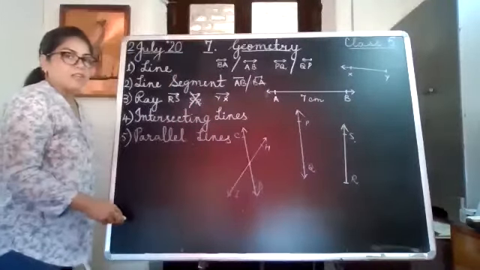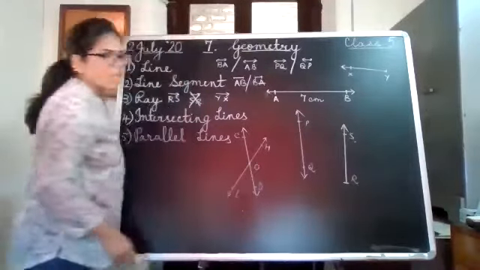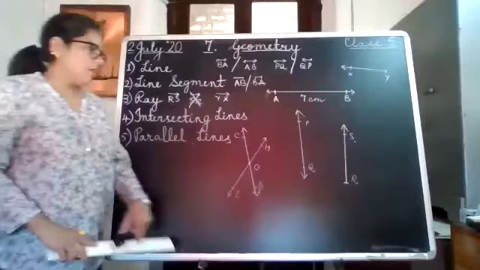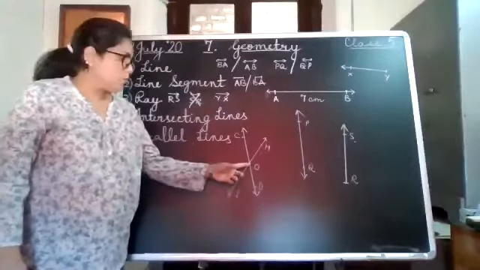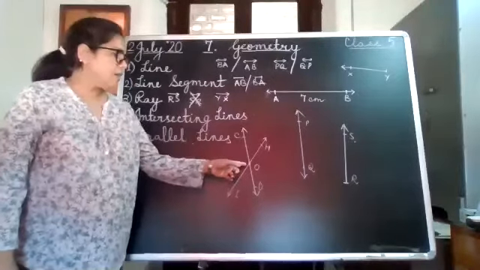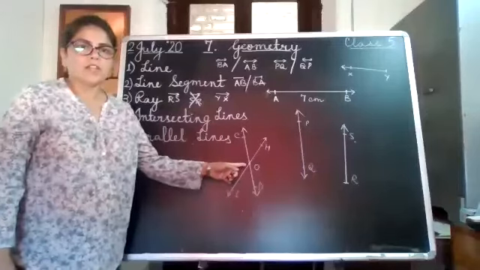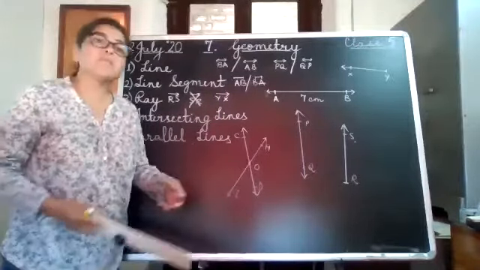They are meeting. Okay, this point you can name it as O or any other letter. Usually we name it as O. And this point where these two lines are cutting each other is called the point of intersection. Point of intersection. Intersection means meeting.